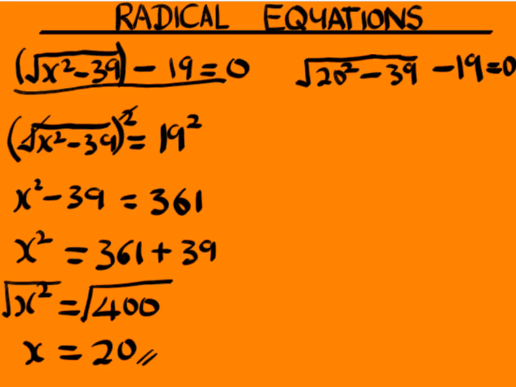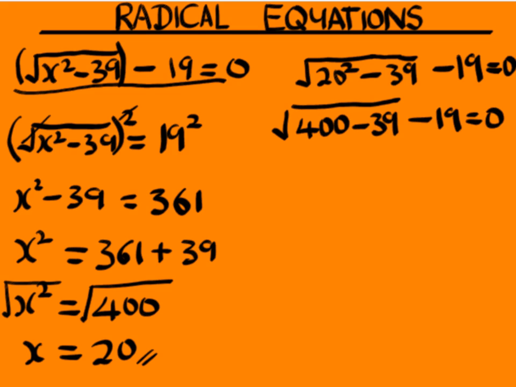So what we have here would be the root of 400, because the square of 20 gives us 400, minus 39 minus 19 equal to 0. So in the aftermath, what we're going to have would be the root of 400 minus 39, which gives us 361, so minus 19 equal to 0.